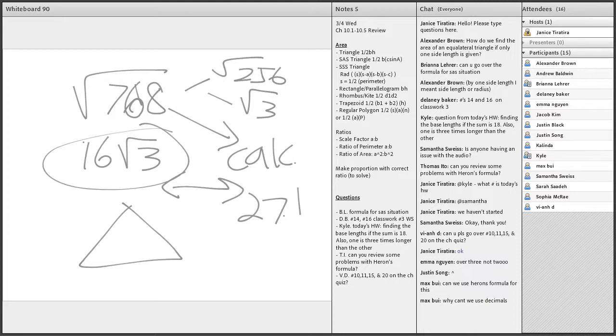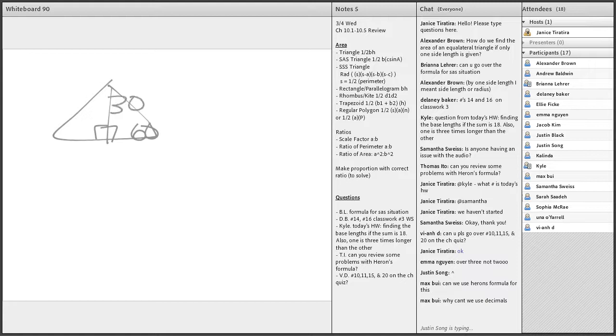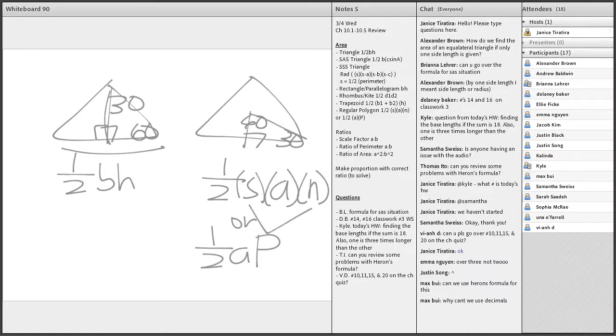Yep, same exact thing. So rule of thumb, certain things should trigger your brain to use rad form. For instance, if you have an equilateral triangle, you know that you'll have 30, 60, 90s, using 1/2 base times height, or 1/2 side apothem number of sides, or 1/2 apothem times perimeter.